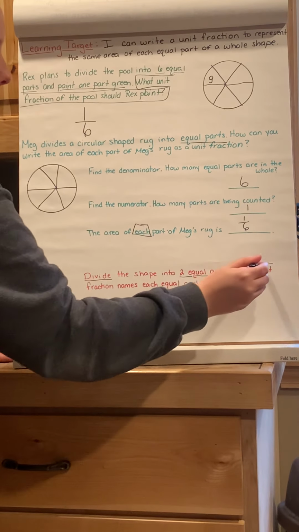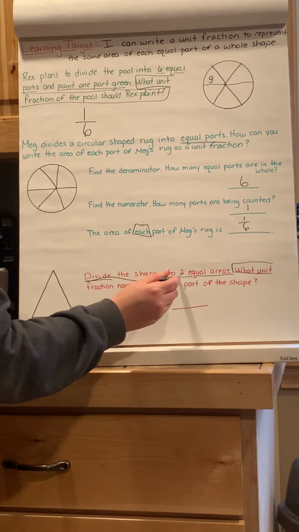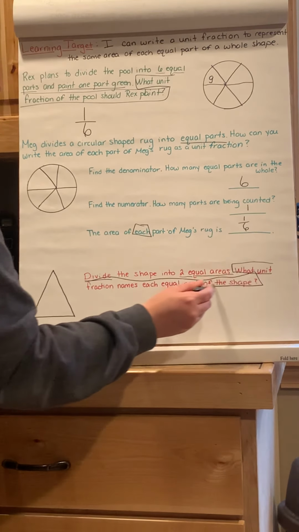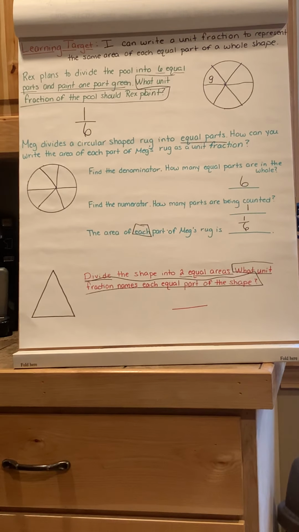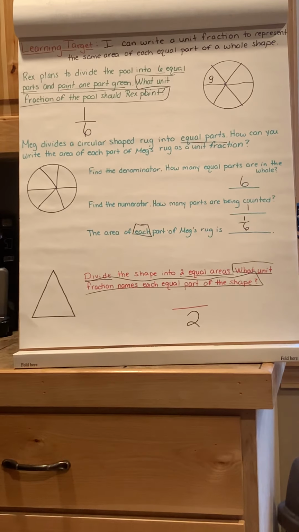Then, box in my question, what unit fraction names each equal part of the shape? Well, I know if I'm splitting it into 2 equal areas, I know my denominator is going to be 2, because that's how many equal parts I'm going to have.